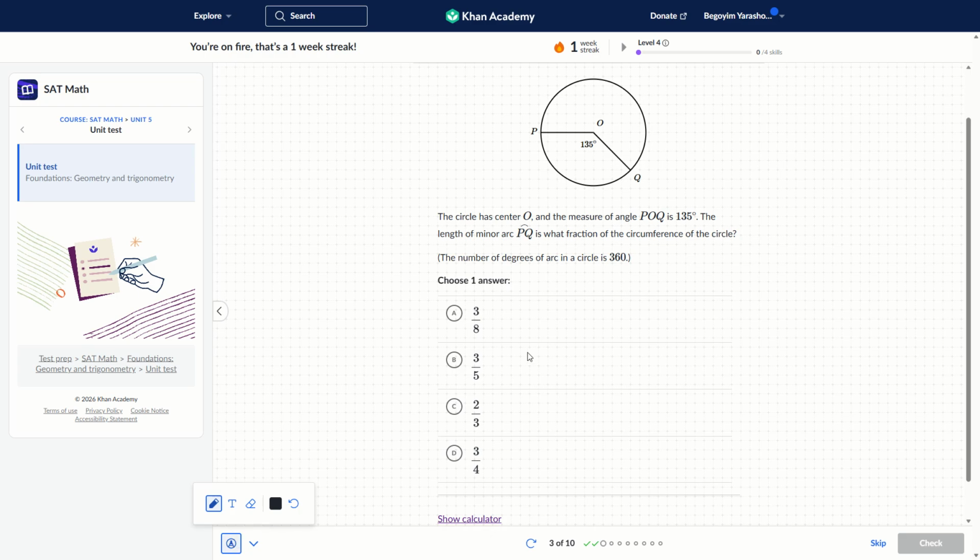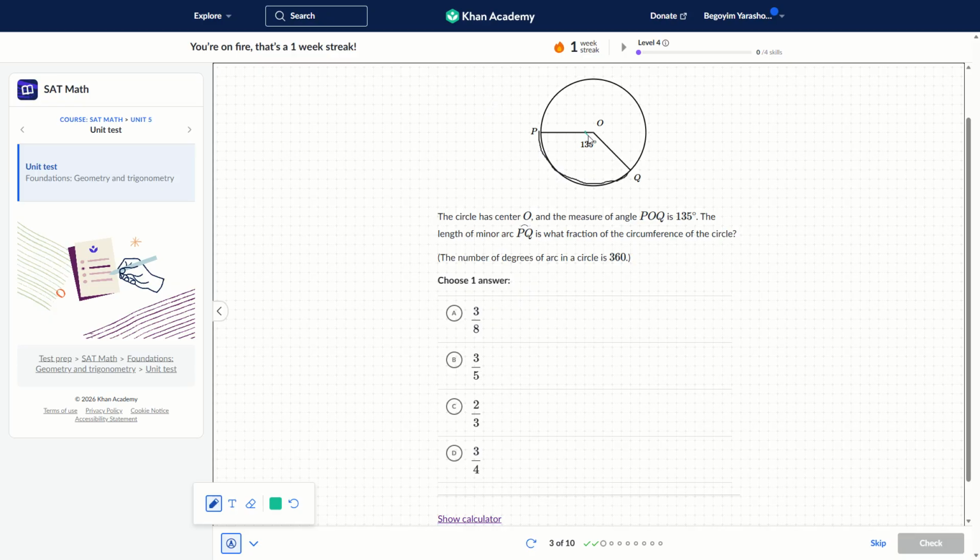A circle has center O, and the measure of angle POQ is 135. The length of minor arc PQ is what fraction of the circumference of the circle? Okay, it's easy, but there's a thing to understand.